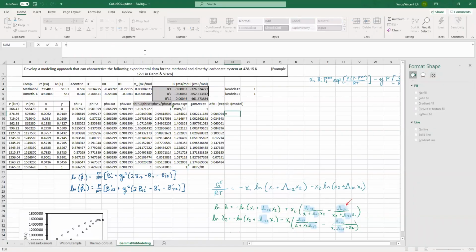So I need to say this is equal to minus x1 times ln of x1 plus lambda 1,2 times 1 minus x1.